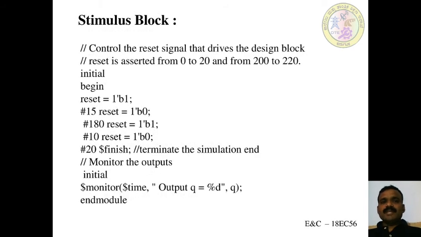Here there is one more thing: the reset is asserted from 0 to 20 and from 200 to 220. Initial begin reset. Why do we need this #15?